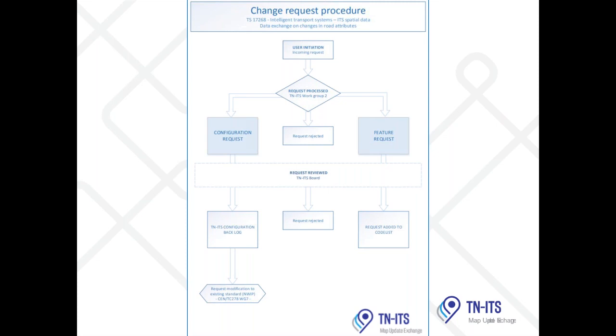Yeah, well, in the implementation, you refer with a URL to the code list value, and I believe that most implementations should mainly refer to the standardized code lists maintained by TNITS. In addition, some states may want to have special road signs or something, and only those should be referred to from more local code lists.